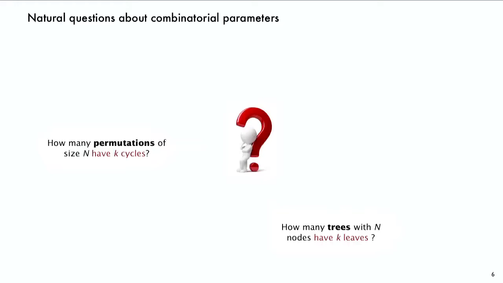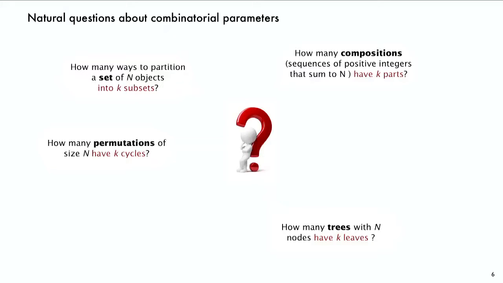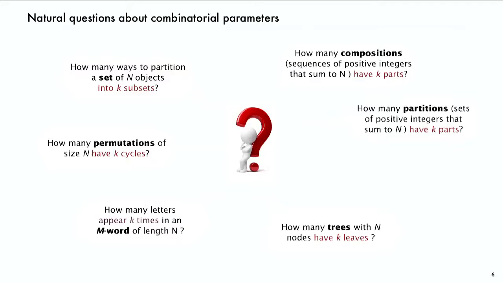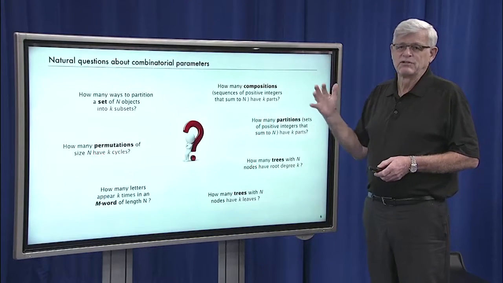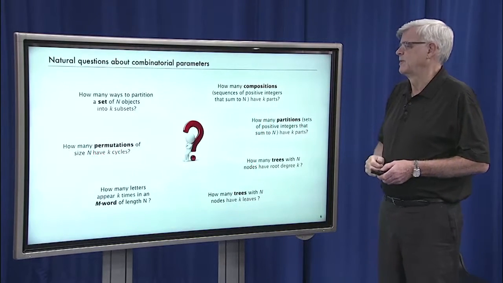So instead of talking about the average number of cycles, we're going to say how many permutations of n have k cycles, how many trees with n nodes have k leaves, how many compositions have k parts. So now we have two variables, the number of objects and the value of the parameter. These are natural questions just rephrased using n and k. That's the way we're going to be looking at problems studying combinatorial parameters in this lecture.